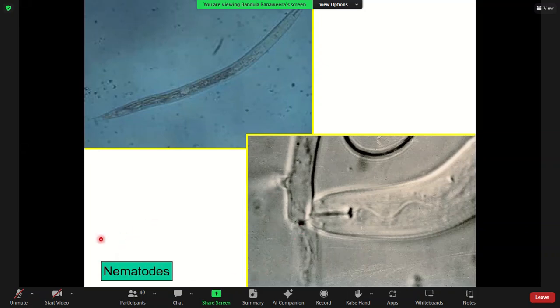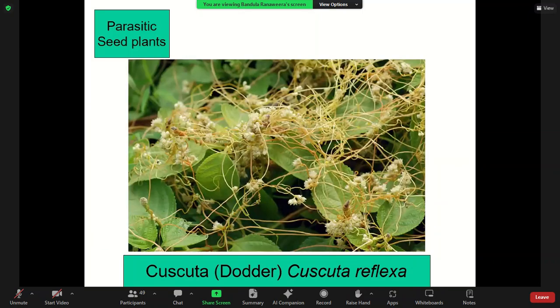Other than parasitic microorganisms, plants are infected by some other plants also. Maybe you have heard about this plant, the dodder plant, a common name in English. The scientific name is Cuscuta reflexa.